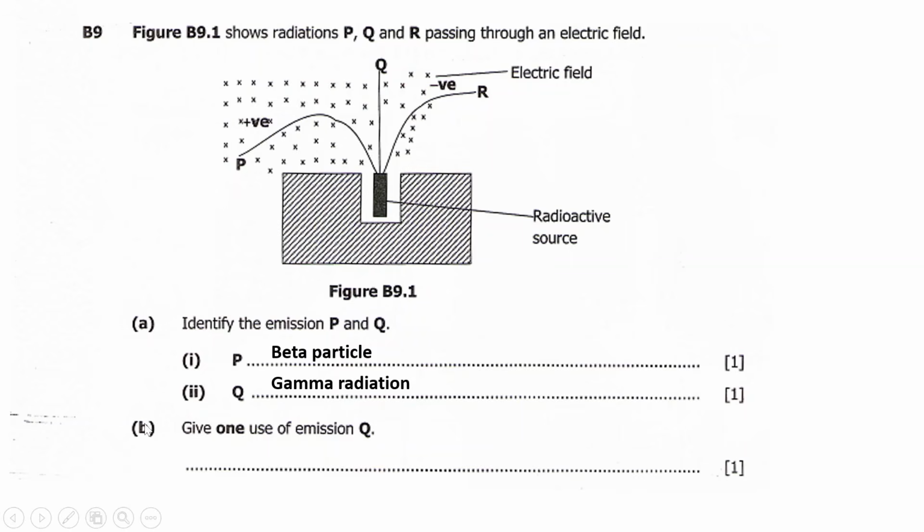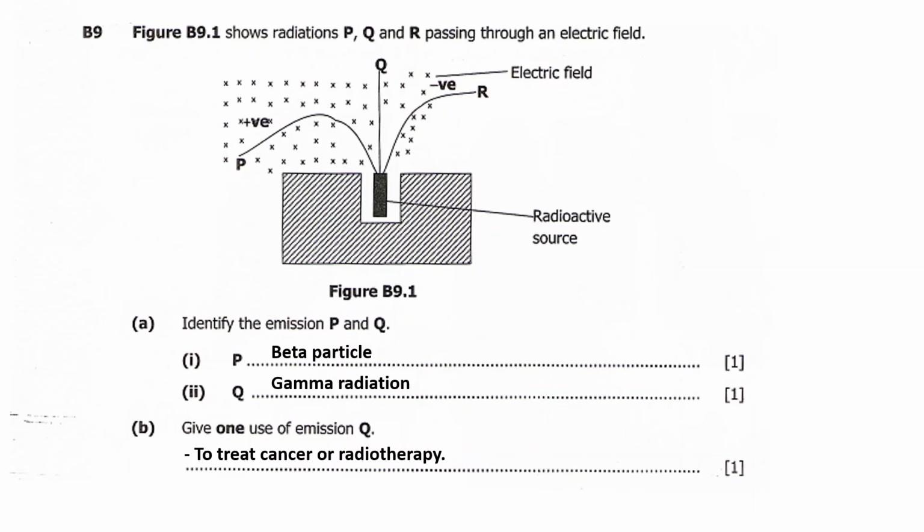Then they're saying B, give one use of emission Q, which is gamma radiation. The first use that you can mention is to treat cancer, or radiotherapy. The process of treating cancer is known as radiotherapy.